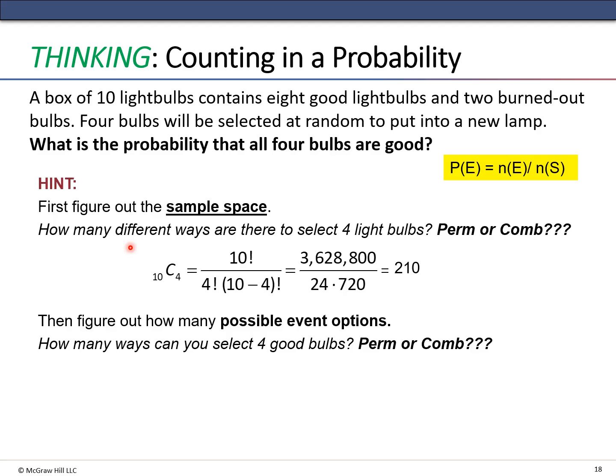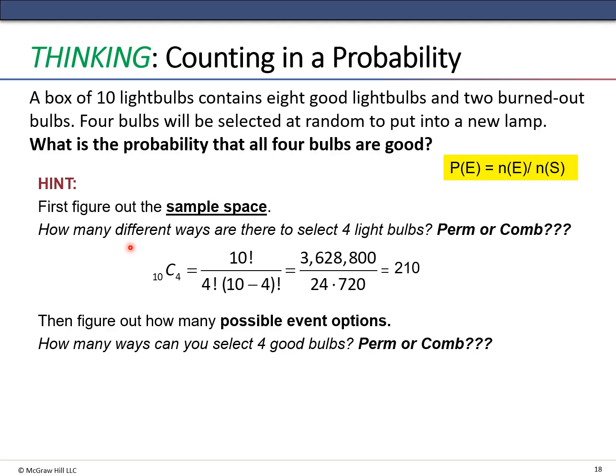But now we want to select 4 good bulbs. Okay, how do we select 4 good bulbs? Well, we have to figure out how many good bulbs are in the original population. So we're going back to that box of 10 light bulbs, and how many are good in there?